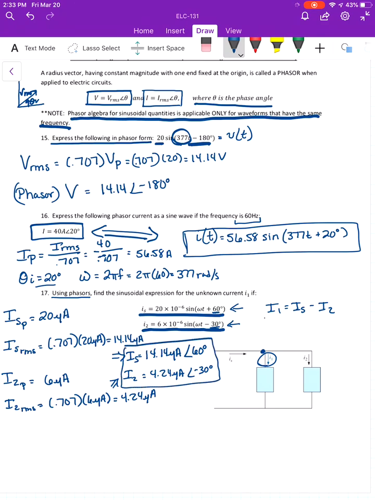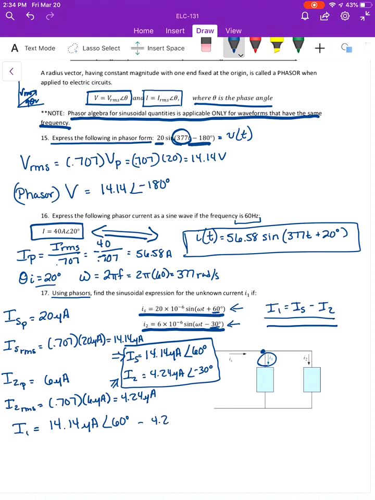So if we're looking for I1, we need to subtract I2 from IS. Now, we don't add and subtract in polar form unless they have exactly the same angle or they're 180 degrees difference exactly. We can't subtract I2 from I sub S in polar form unless we're using a calculator. Now, if you're using your calculator, you can subtract this just fine, just plug it right in.